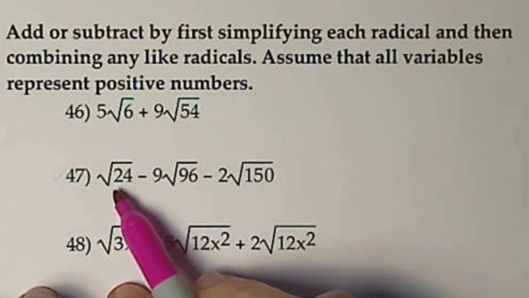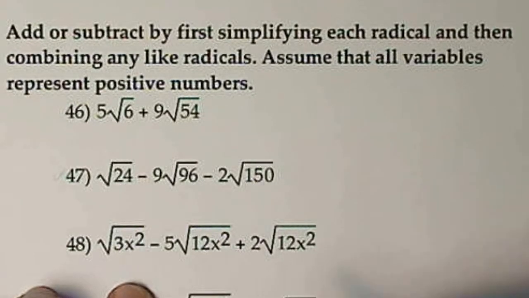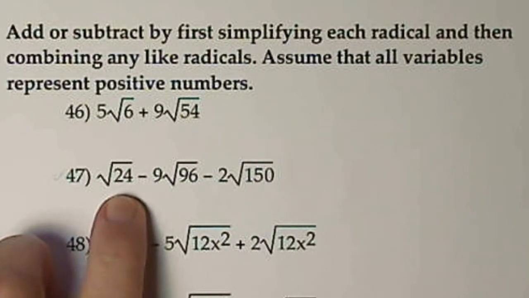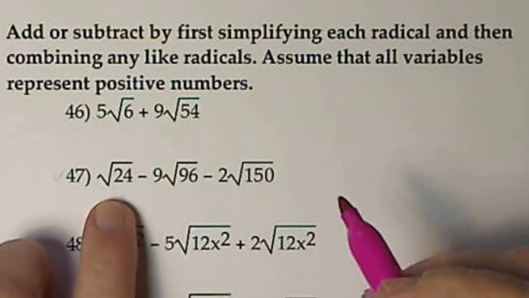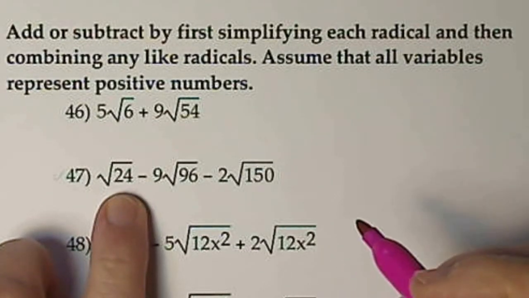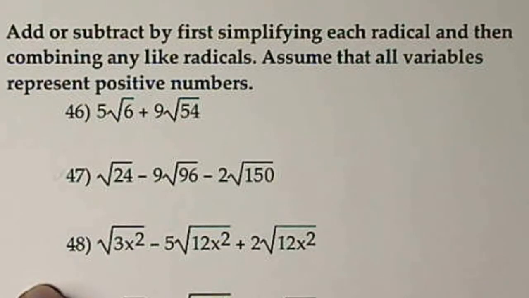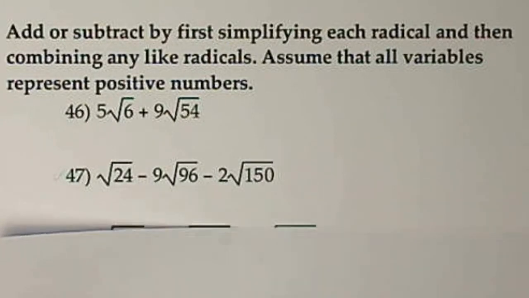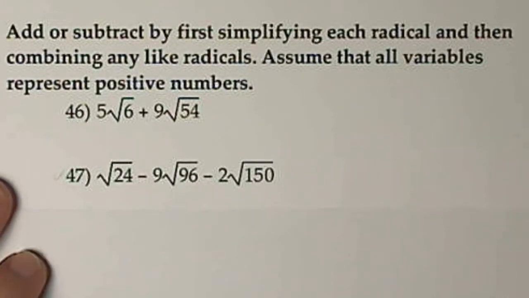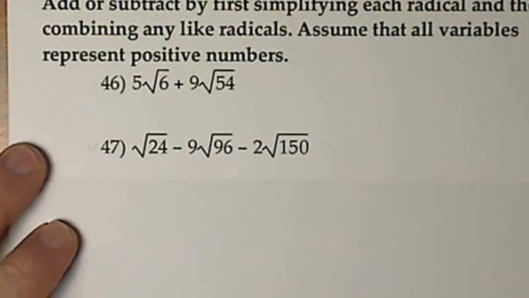Okay, so first we'll tackle this first one. 24, is there a perfect square lurking within? 24 can be written as 4 times 6, and 4 is a perfect square. Okay, so I think I'll just work vertically here.